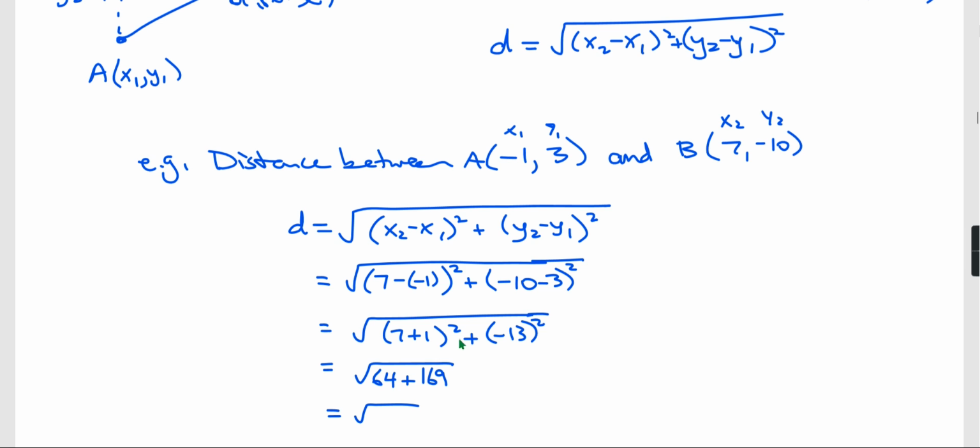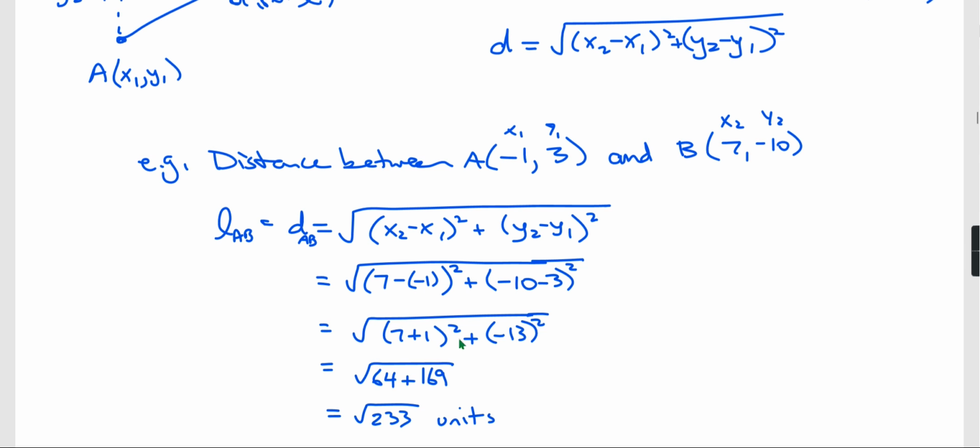I'm going to grab my calculator, but you can do it in your head if you can. 64 plus 169 is 233. So the distance between A and B, or we can call it the length of AB, is equal to the square root of 233 units.